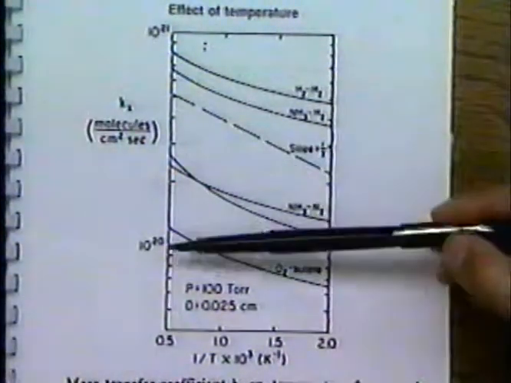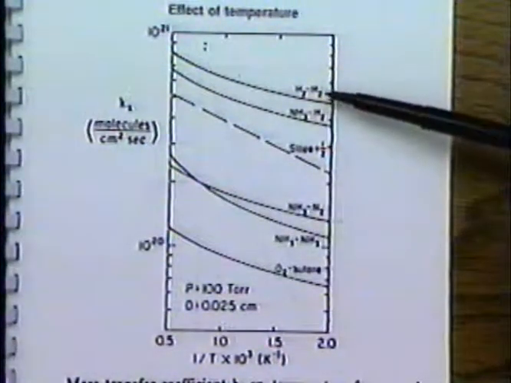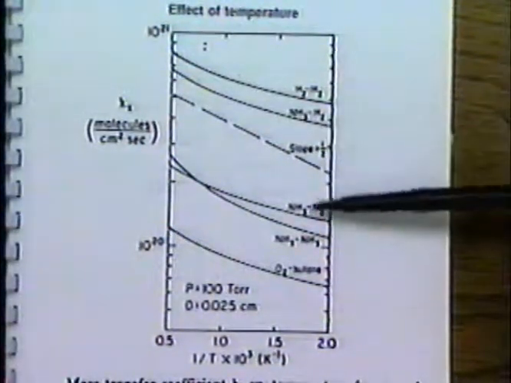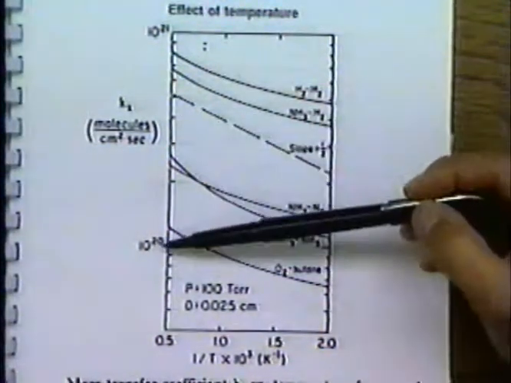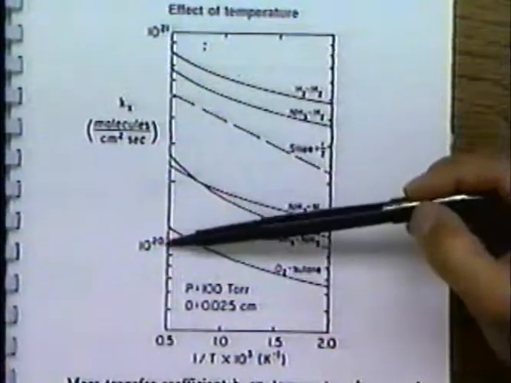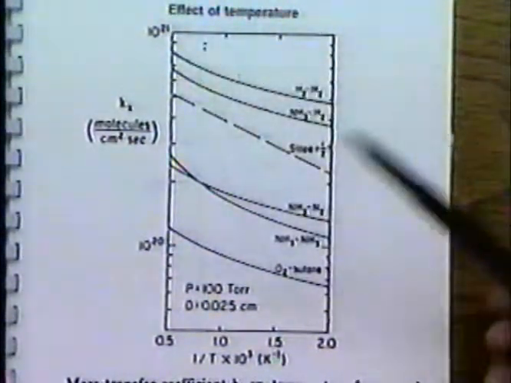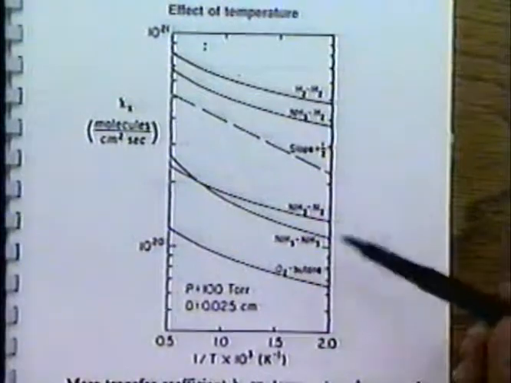I want to point out here that we have reactions involving hydrogen and oxygen, and this Kx varies between 10 to the 20 and 10 to the 21 molecules per square centimeter per second.